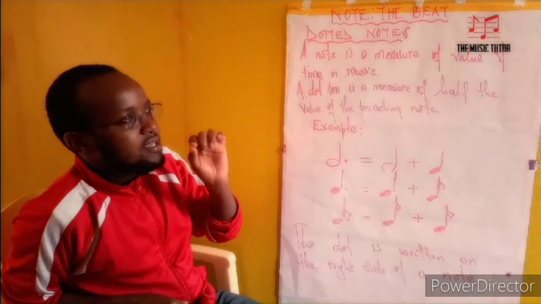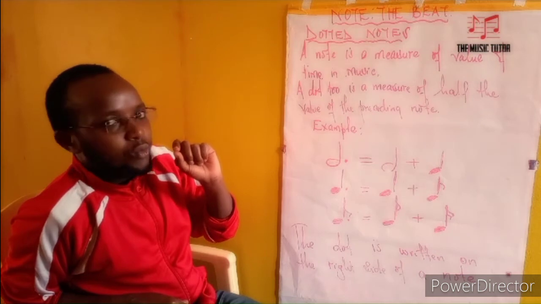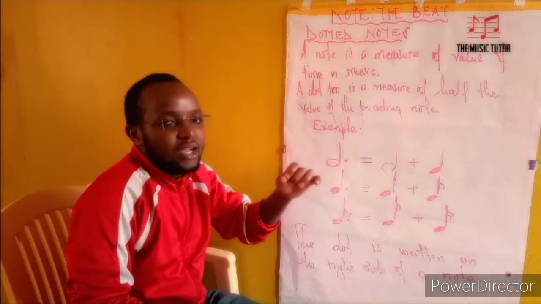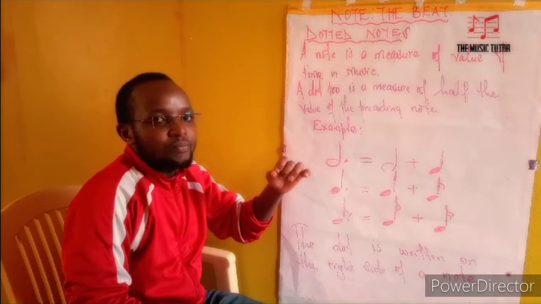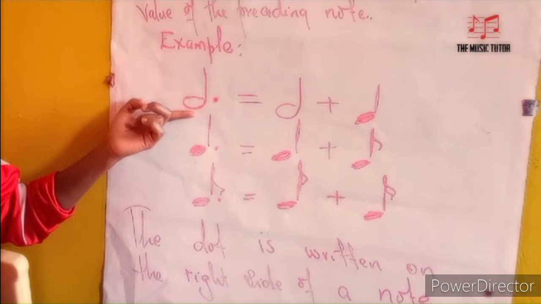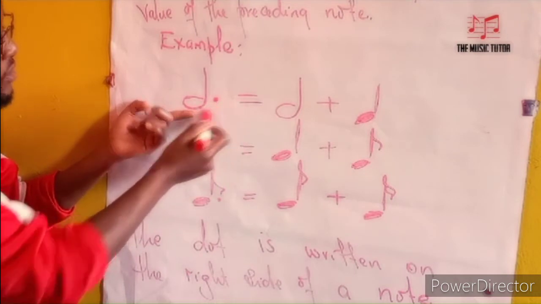That is, we can place a dot on a note, whereby the dot will take half the measure of the preceding note. For example, I've written for you this note here. It's a minim. And on the right side, I have placed a dot.